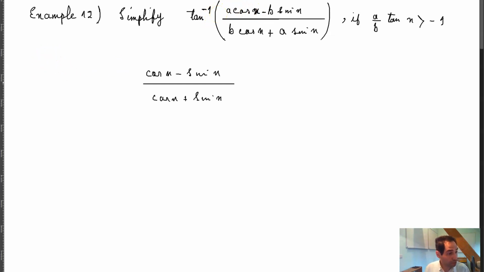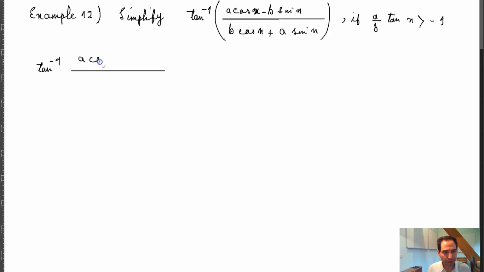Okay, so now in order to simplify this, what you can do is that if I divide the numerator and denominator by b times cos x, I can write basically the tan inverse of (a cos x minus b sin x) over (b cos x plus a sin x).